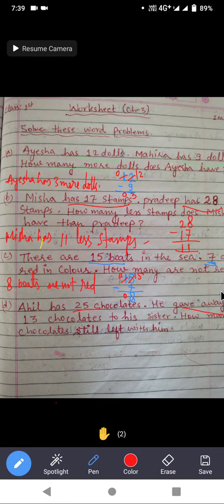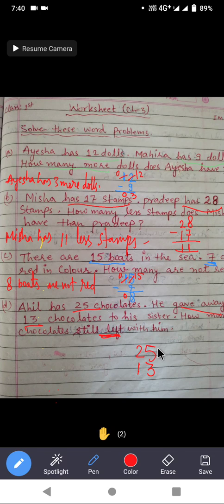By looking at this clue word, you can understand that you need to perform subtraction here. So okay, Ahil has 25 chocolates. He gave away 13 chocolates to his sister. How many chocolates are still left with him? You have to find out the left one. How many are left? So to find out how many are left, we'll do subtraction also. 25 and the smaller number is 13.